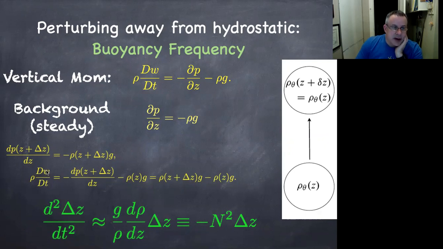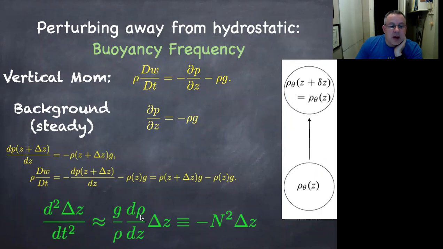We notice that w here is actually the time derivative of vertical location. So dw dt is really the second derivative with respect to time of this anomaly z. So the anomaly in z goes like g over rho d rho dz, which is the first term in the Taylor series of this that doesn't cancel with that. And that is how we get N squared.